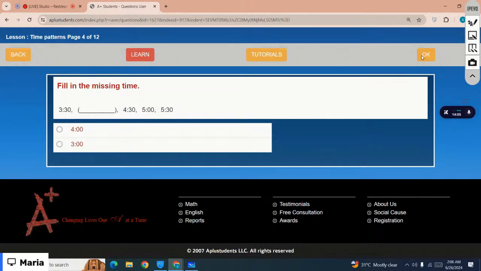The correct option is, yes, 4. The missing time is 4. Option number 1 is the correct option.